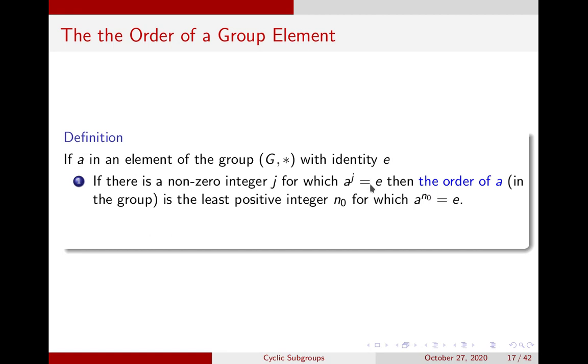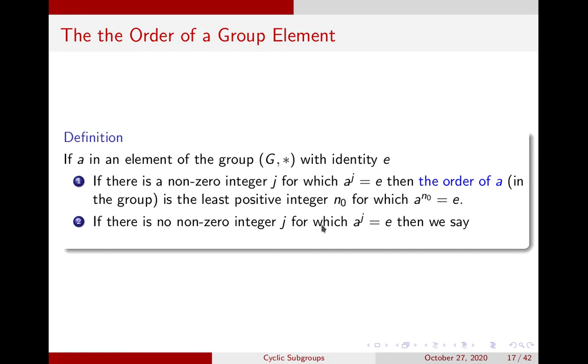So if you can get the identity by taking non-zero powers of a, the order of a is the smallest positive integer for which that happens. If there is no non-zero integer j for which a to the j is the identity, if you never get the identity by taking non-zero powers of a, we say that a has infinite order.